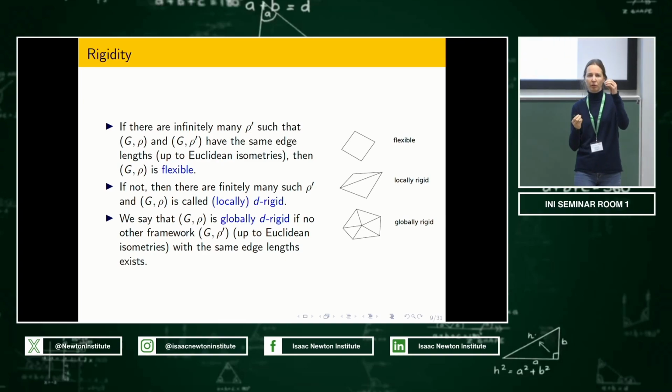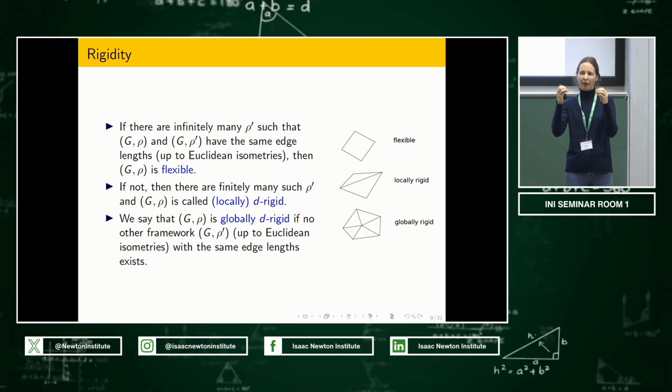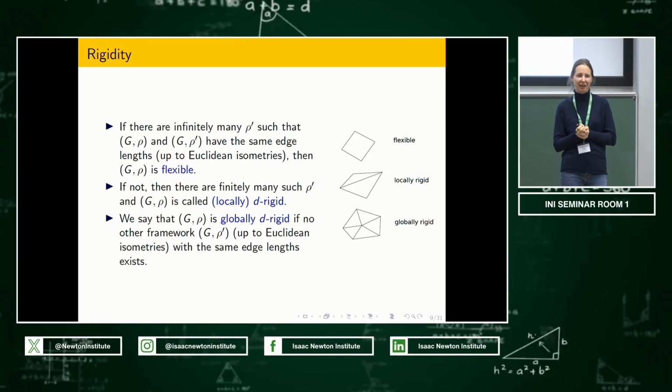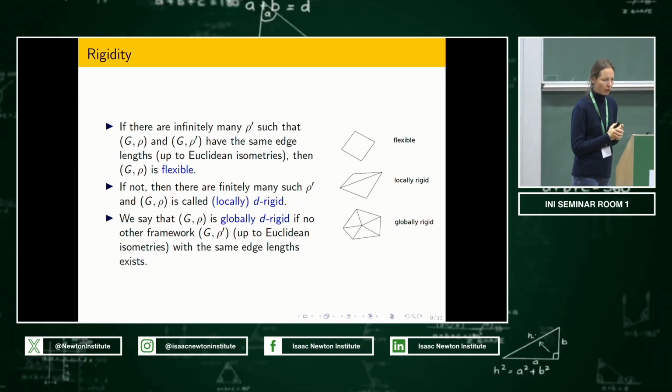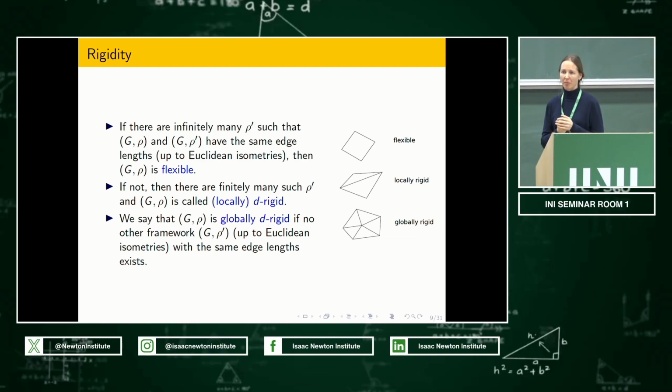For example, you could take the top vertices and push them in and pull the side vertices out. And this is how you get infinitely many frameworks that have the same edge lengths.